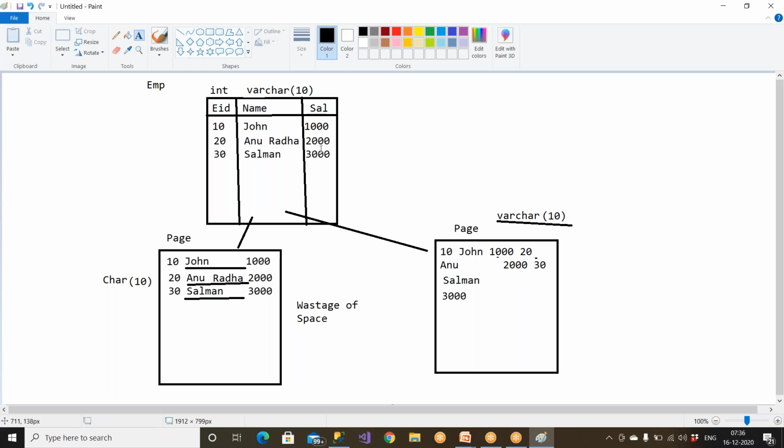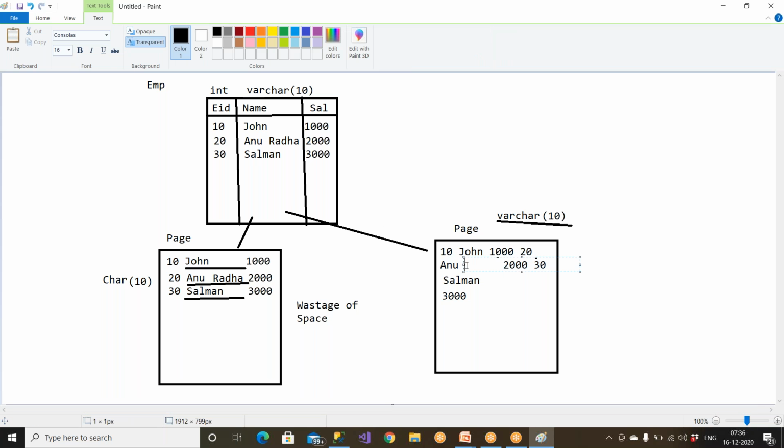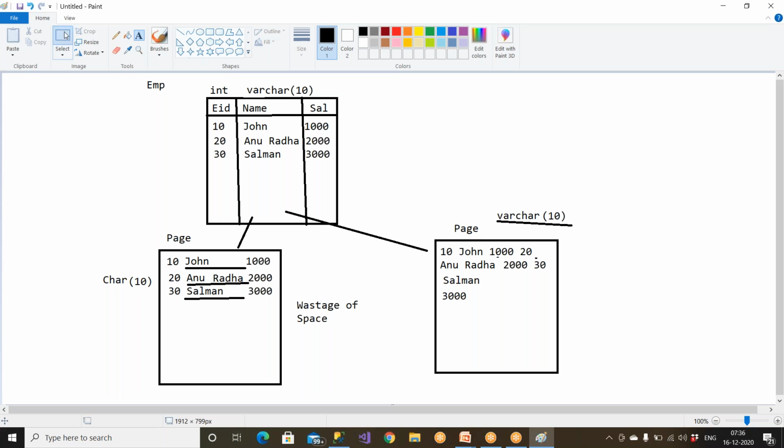SQL Server will accommodate the space and give the data. It will not give you an error, but it's trying to accommodate the address and the space. That is where the issue starts.